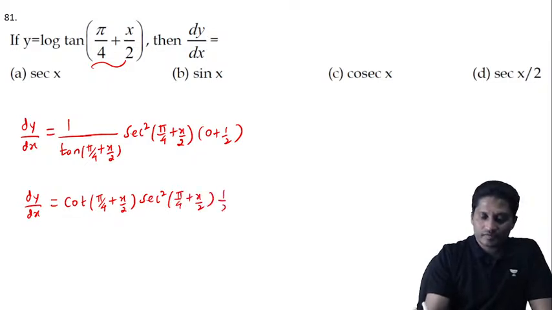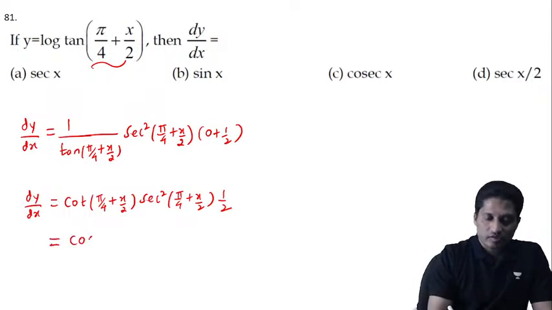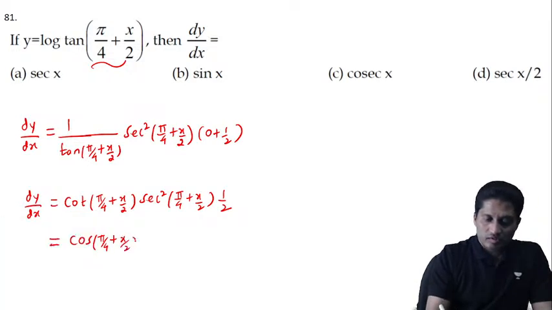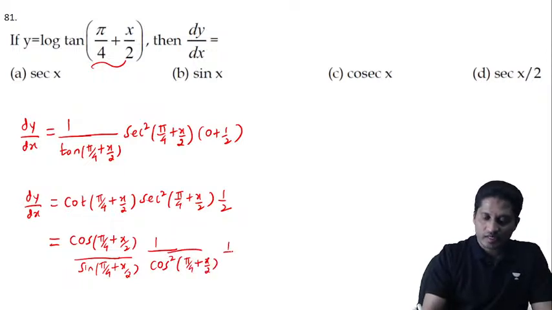Okay, and then this is sec square of pi by 4 plus x by 2, and then you get half. Cot can be written as cos by sine. This is cos of pi by 4 plus x by 2 divided by sine of pi by 4 plus x by 2. And 1 by this is cos square of pi by 4 plus x by 2, and then you get half.